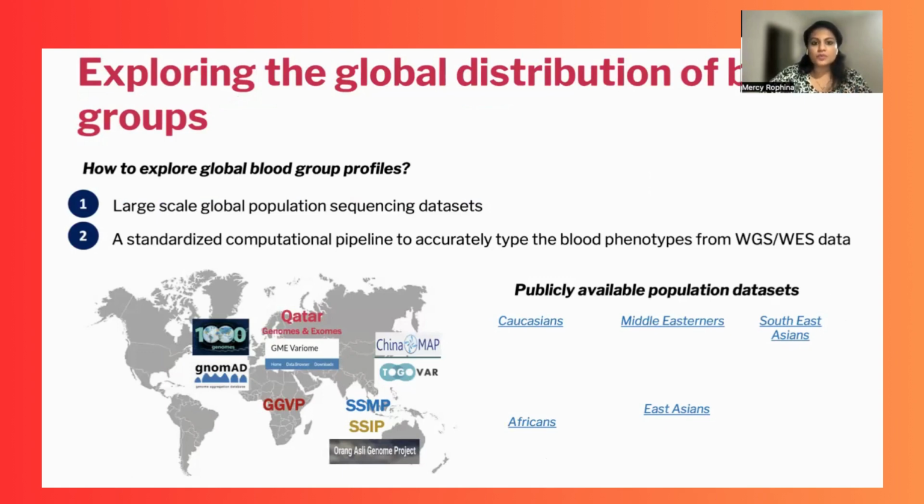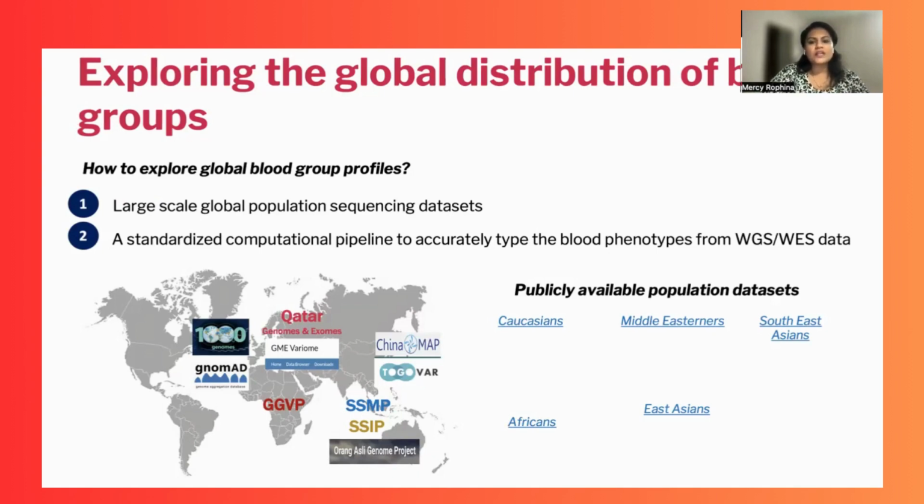Having this in hand, when we ask the question, how are we going to explore the global blood profiles, we need two prerequisites. One is large scale population sequencing data sets, so that we study data sets which are specific to certain ethnicities or populations. Then we also need a computational pipeline of how we are going to use this data and how we are going to compare with other populations.